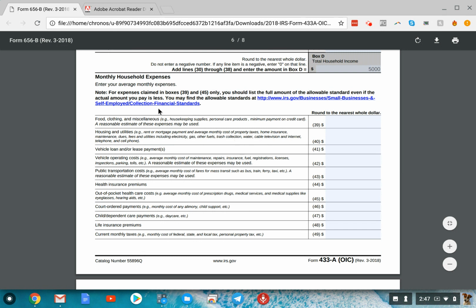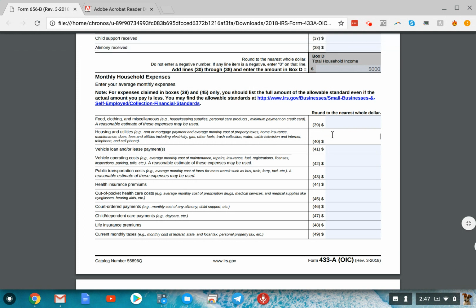Now come the food, clothing, miscellaneous, housing, utilities, all this kind of stuff. So these are going to be based on this web page. You're going to want to go to this web page and then literally fill out the information based on it. The only exception is housing utility. They want you to use the higher amount if it is for housing.